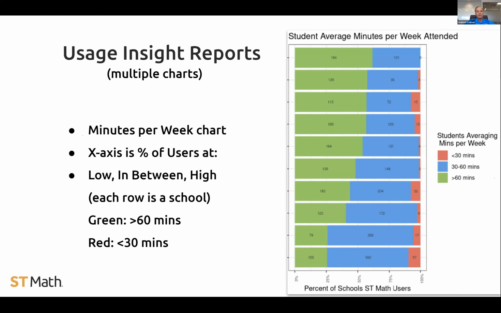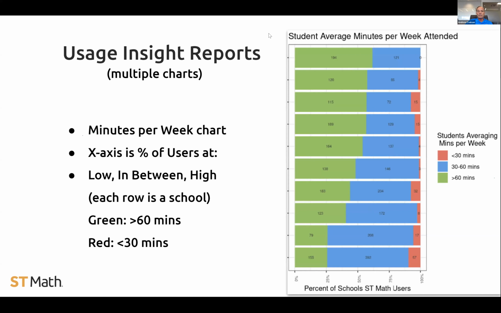and let me show you some of the reports, the way we are visualizing it. This is one of our usage insight reports. They typically have multiple charts, so I'm just showing you charts one at a time. We'll have a district level insight report, a school level insight report, etc. This is a minutes per week chart, and we color coded it so that green was averaging greater than 60 minutes a week, and red was averaging less than 30 minutes a week.